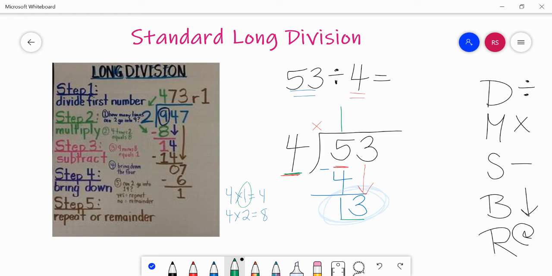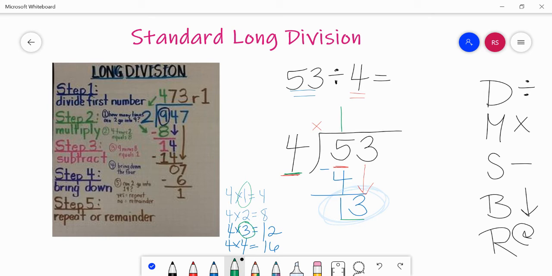We already know that 4 times 1 is 4 and 4 times 2 is 8. Let's keep going until we get as close as we can to 13. I know that 4 times 3 is 12, and 4 times 4 is 16, which is too much because it's bigger than 13. So 4 can go into 13 3 times.